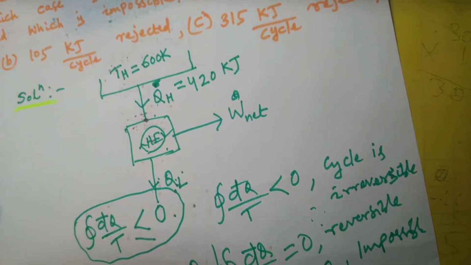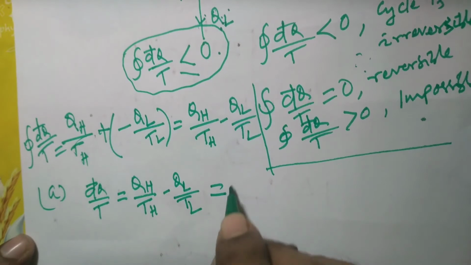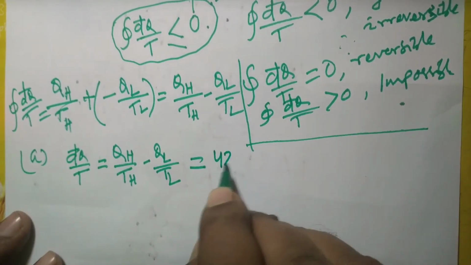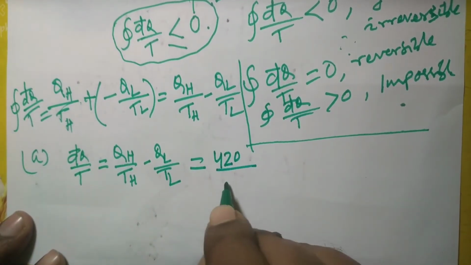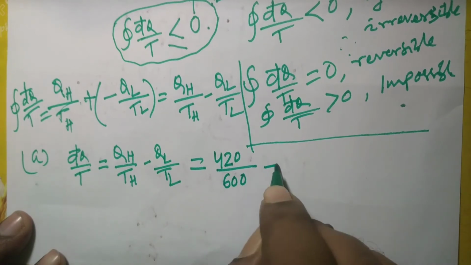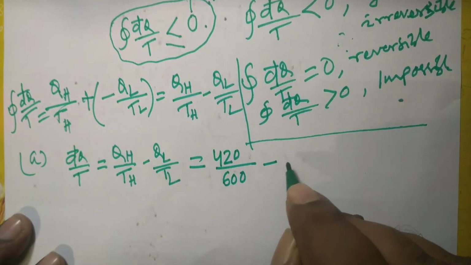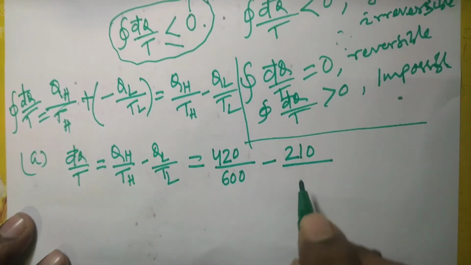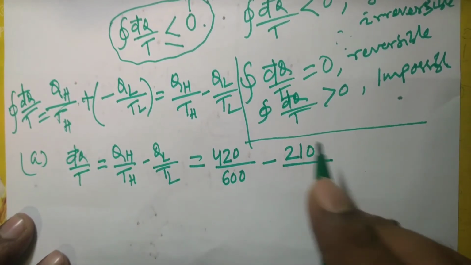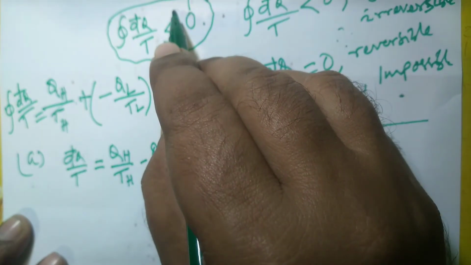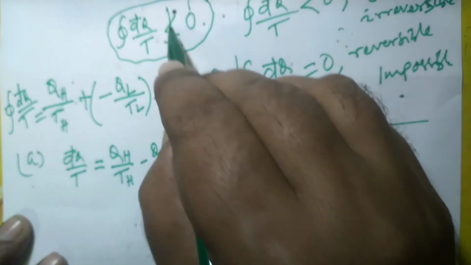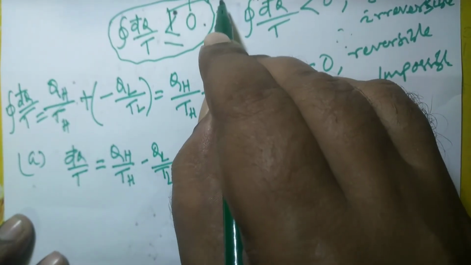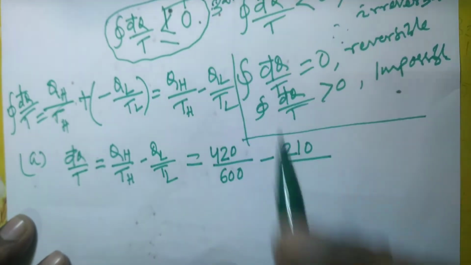So Q_H upon T_H is 420 divided by 600, minus, in case A, heat rejected 210 divided by the low temperature, which is 27 degrees Celsius, that is 300 Kelvin.